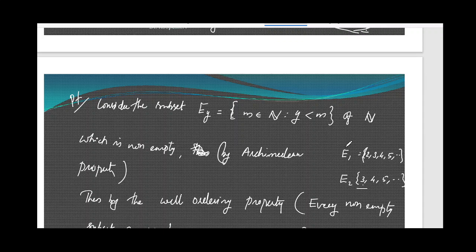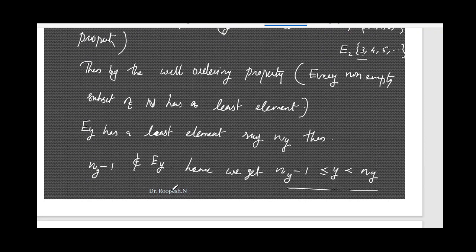So E_1 means this, E_2 means this, etc. Then by the well-ordering property, that means every non-empty subset of natural numbers has a least element, E_y should also have a minimum element. I'm taking that minimum element as n_y. So n_y is a minimum element, which means n_y belongs to E_y, right?